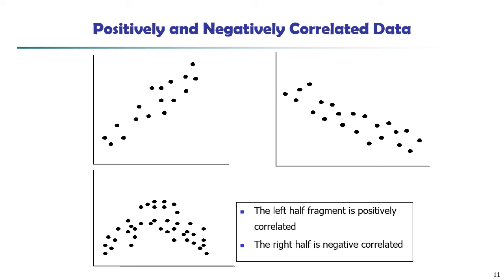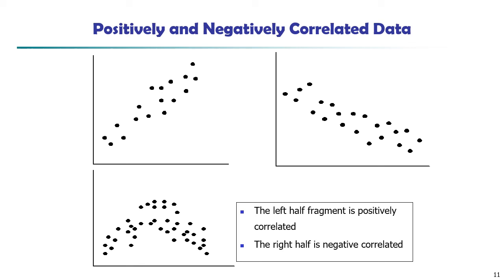On the top right figure, you can see that if the value of one is increasing, then the corresponding value of the other is decreasing. An example can be crude and gold: if the price of crude goes up, the price of gold falls, so they are negatively correlated. And if you see the bottom figure, you won't find any relation between the two variables.